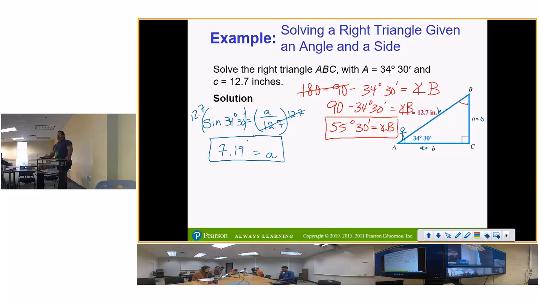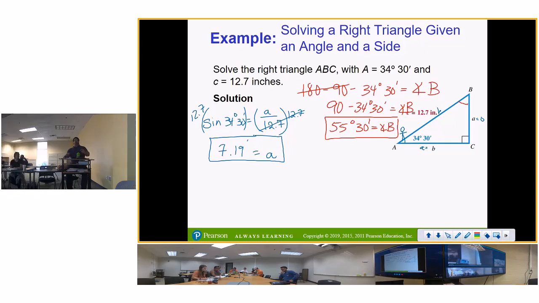You can take the cosine. Cosine is equal, Oscar had a hunk, and that would be a over 12.7, multiply both sides by 12.7, and that will give you the same answer. And that's what this section is. That's all this section is.